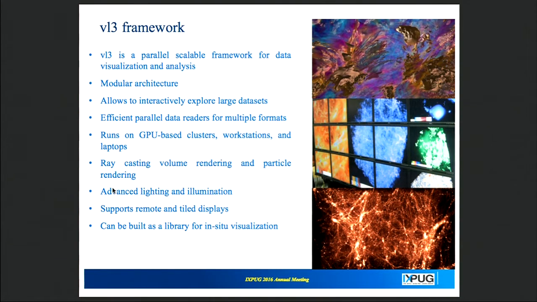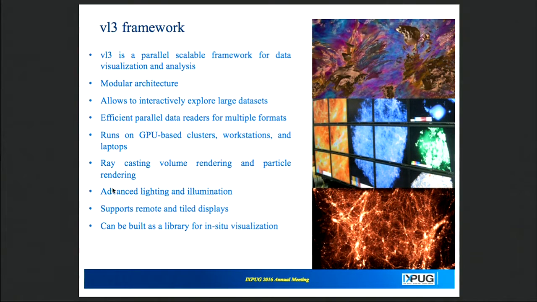particles. The top picture is showing a data set generated here at Argonne. That's a turbulent flow data set. It's a 4K cube data set, meaning there's a regular grid of 4K elements per dimension. We also recently have an algorithm for distributed advanced lighting, and that picture is showing that.